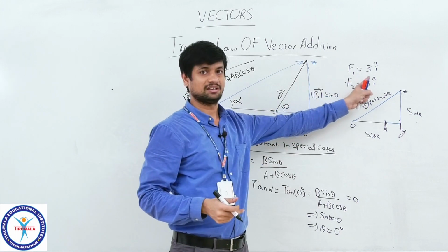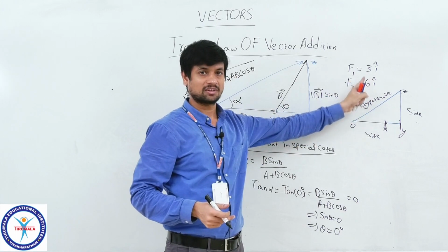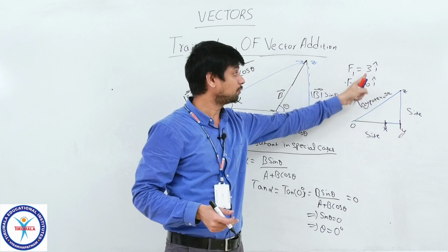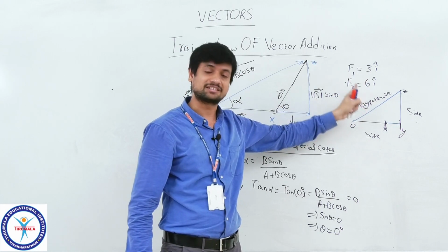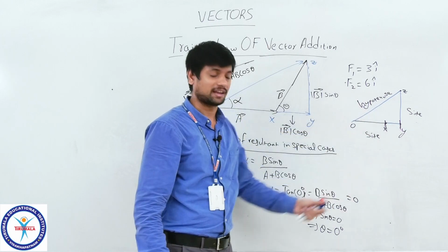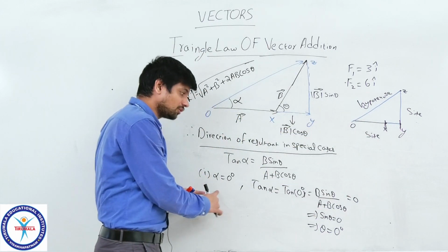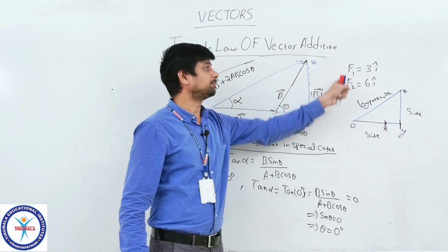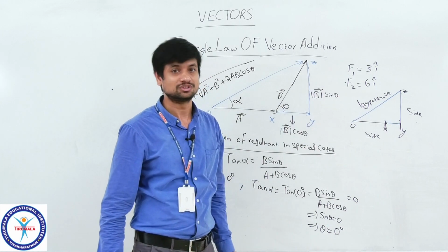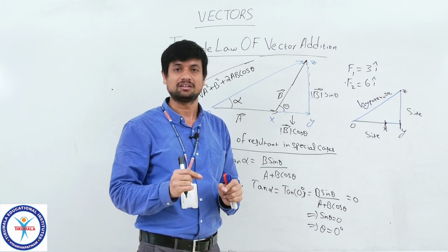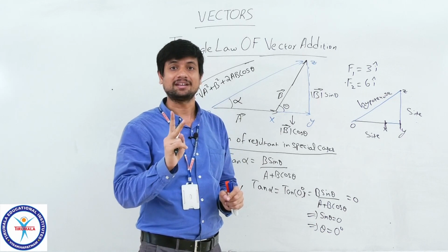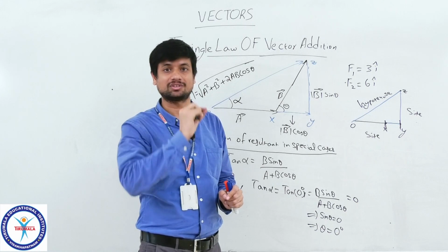Magnitude is 3 here, magnitude is 6, but direction of both is along one direction, the x axis. So the resultant also should make a 0 angle. So when the resultant angle is 0, you can know that the angle between the two vectors is also 0. So whenever you want maximum resultant, the two vectors should maintain 0 angle, parallel to each other.